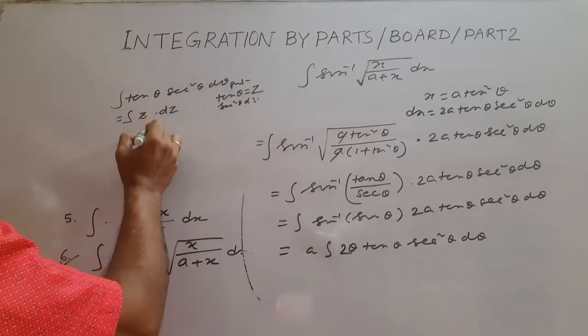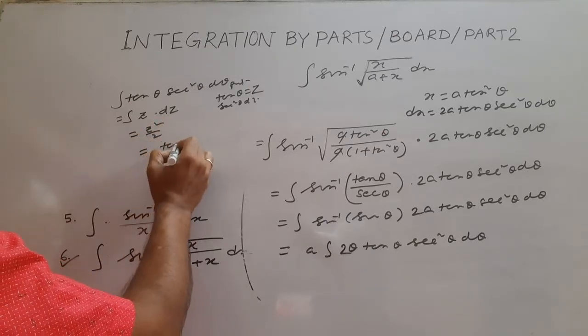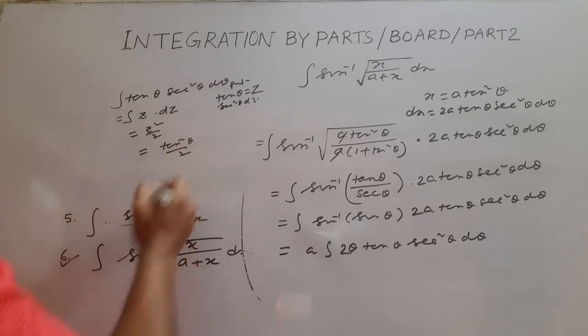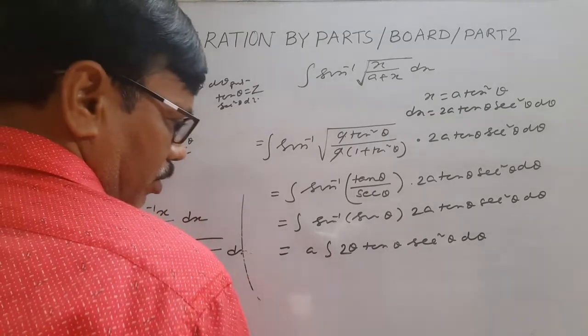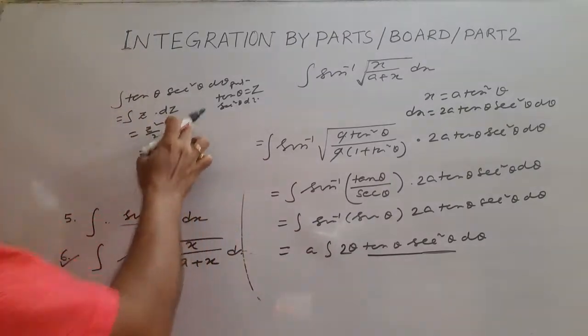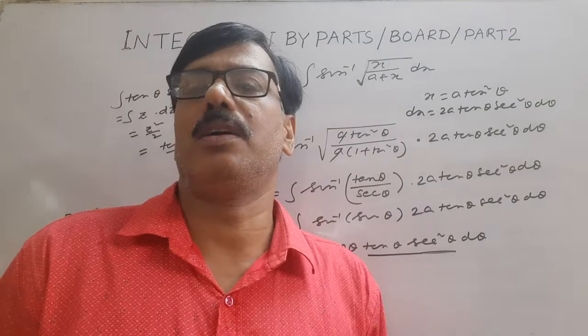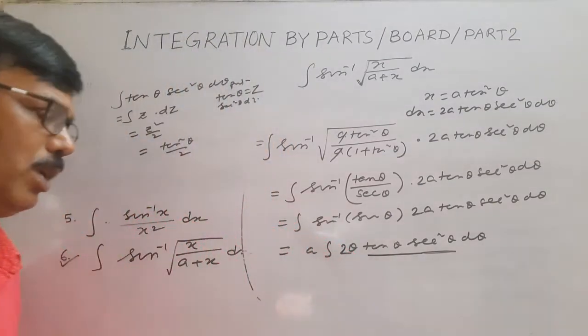So this is z square by 2, and what is z? Tan square theta by 2. So the integration of tan theta sec square theta is tan square theta by 2.